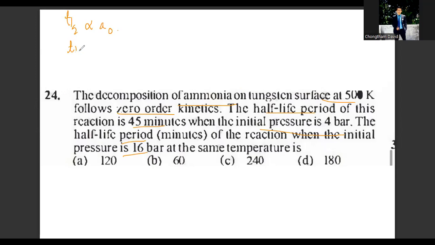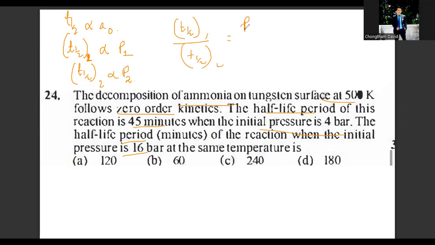So half-life 1 is directly proportional to P1 and half-life 2 is directly proportional to P2. You find the ratio, which equals P2 by P1.